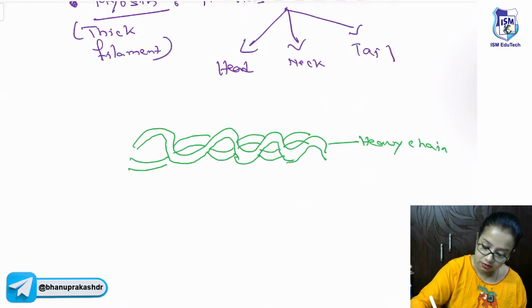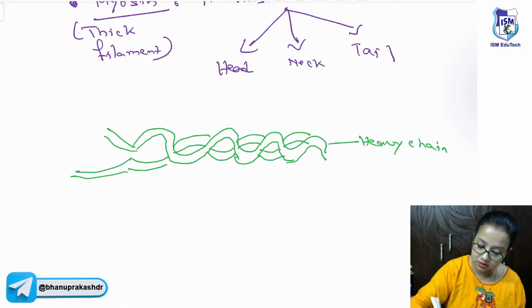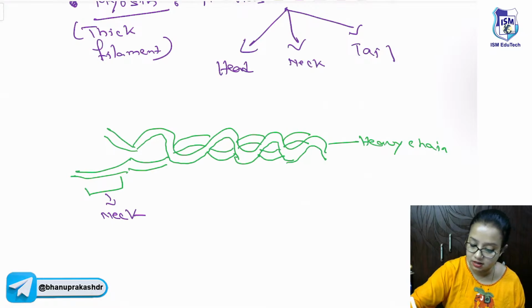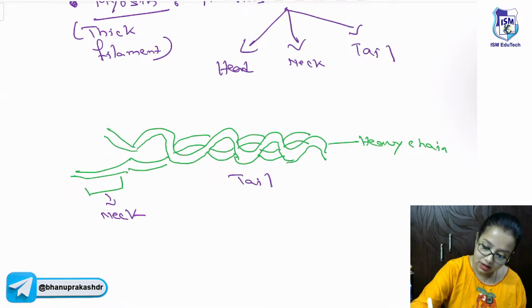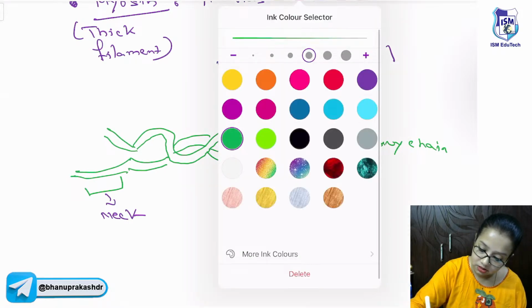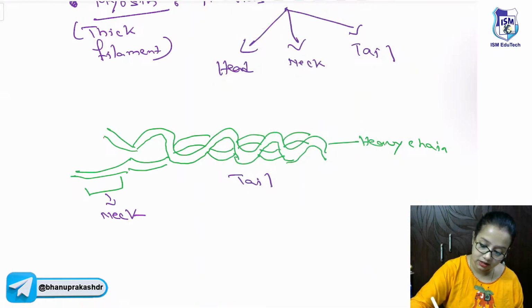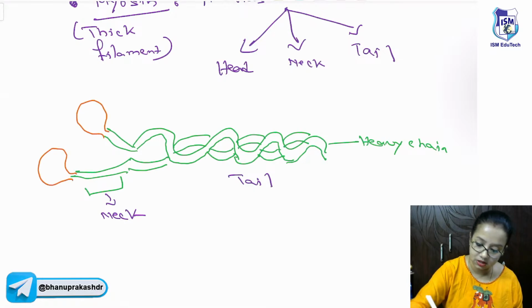Now, from here extends the flexible neck, and this is the tail. The neck portion has the globular head.